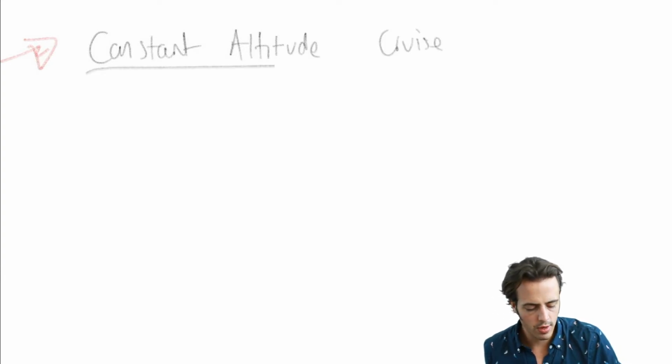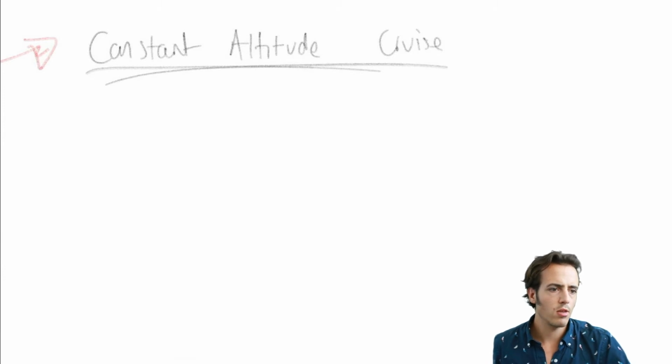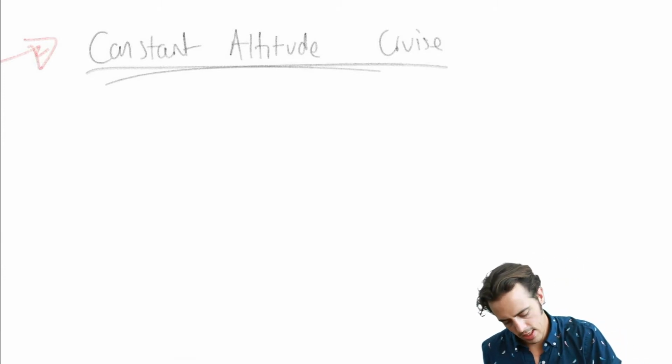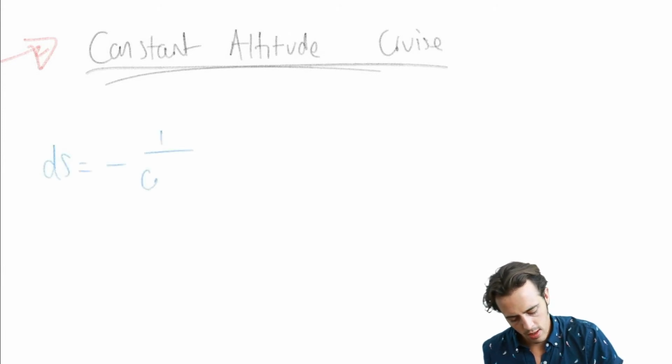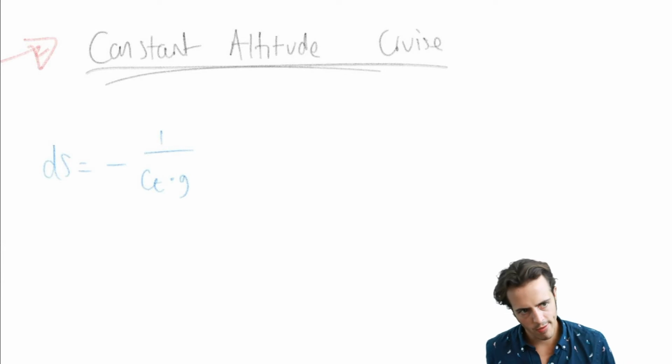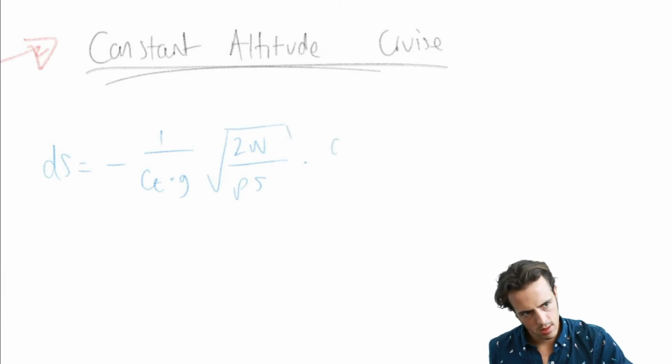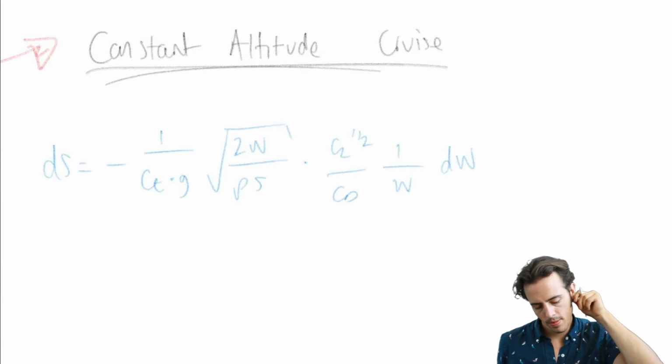So for our constant altitude cruise, let's go back to our expression. I'm going to rewrite it. We'll say that ds is equal to minus 1 over thrust specific fuel consumption, acceleration due to gravity, 2 times W over rho S, CL to the half divided by CD, 1 over W dW.